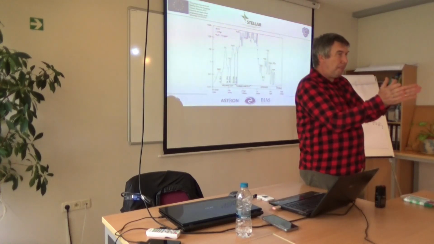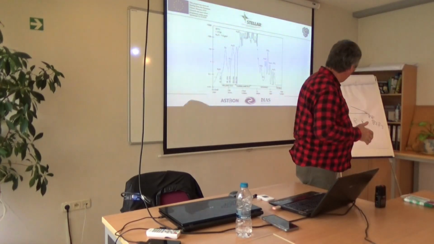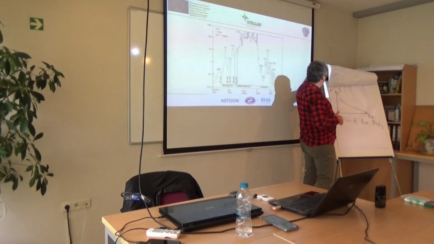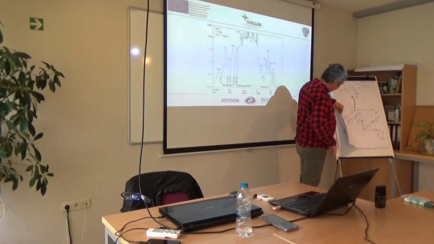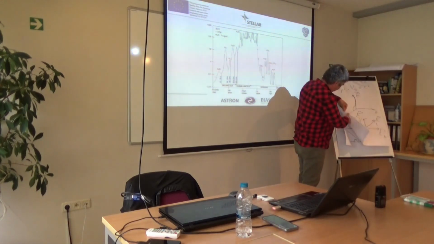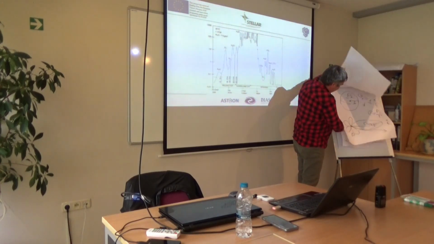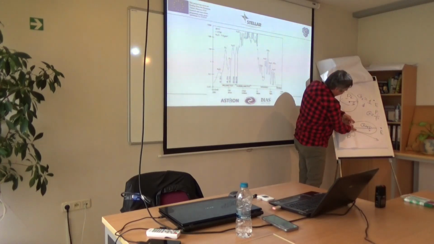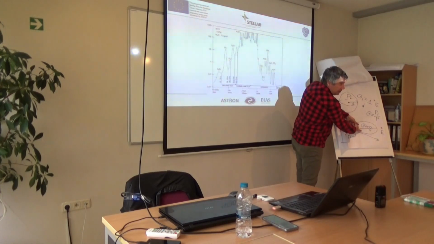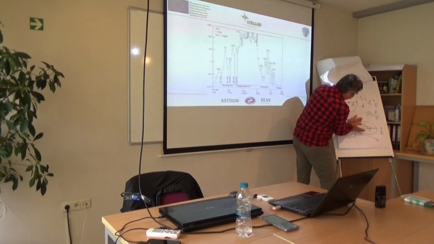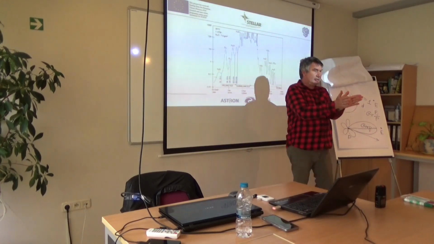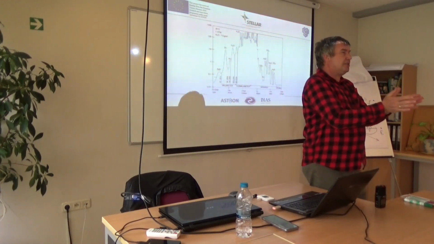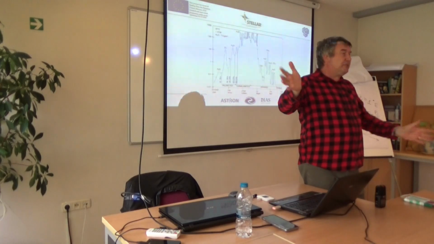So the main lobe of this antenna, the width of this is big, and you will see in some angle, for example, of 60 degrees.